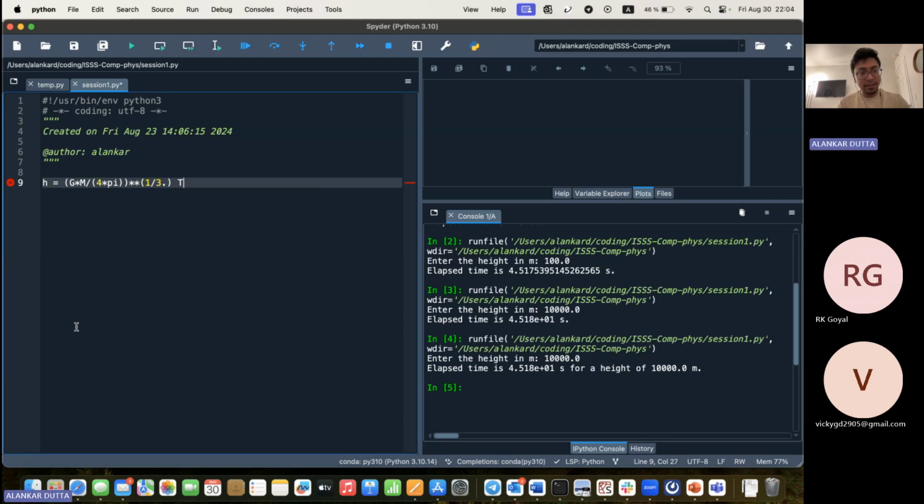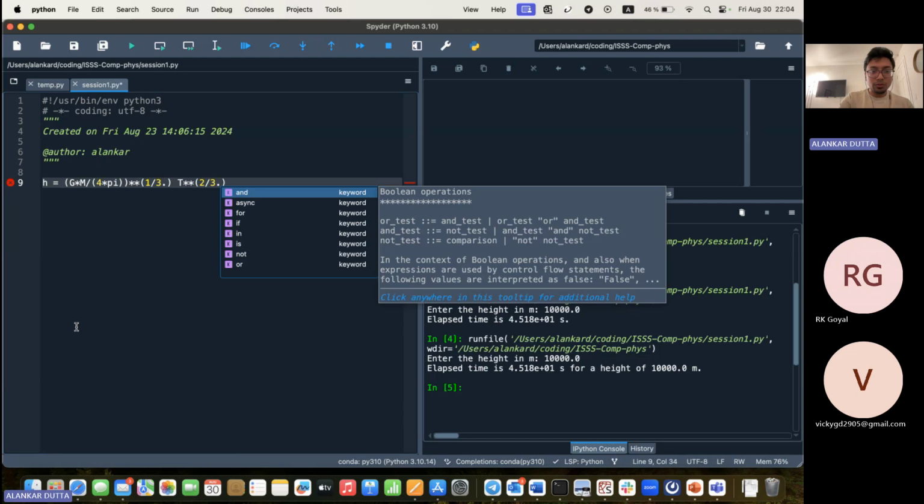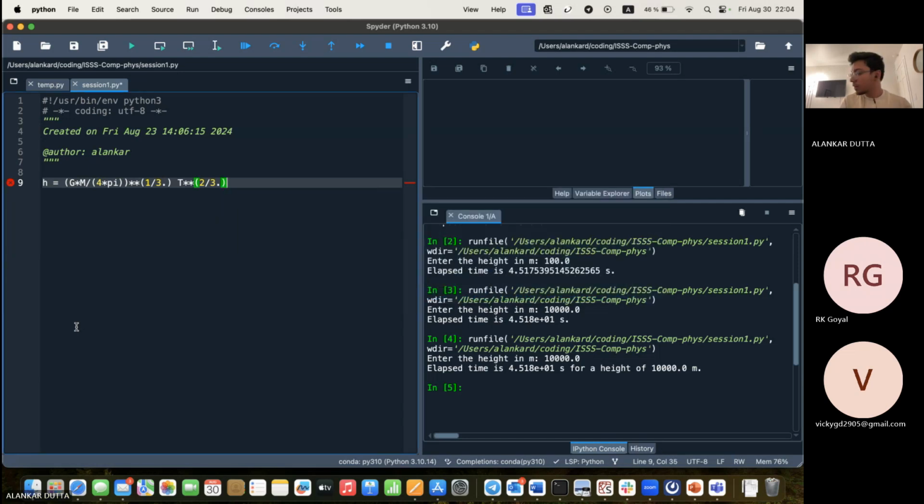And then T to the power, sorry, this is Python, 2/3. Yes. And this is the height from the center of the Earth.